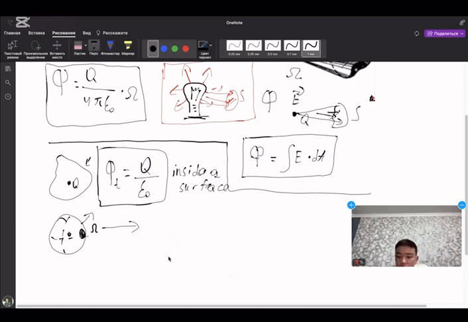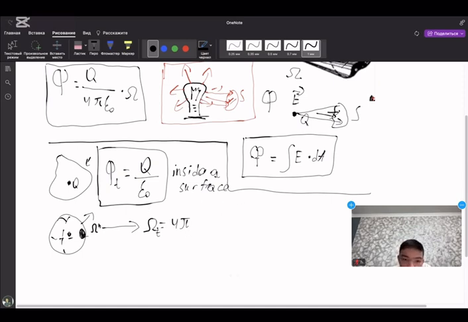For a full sphere, the solid angle is always total 4 pi. Now comes the key idea. Since the electric field is spread evenly across the sphere, the flux through any smaller surface is just a fraction.